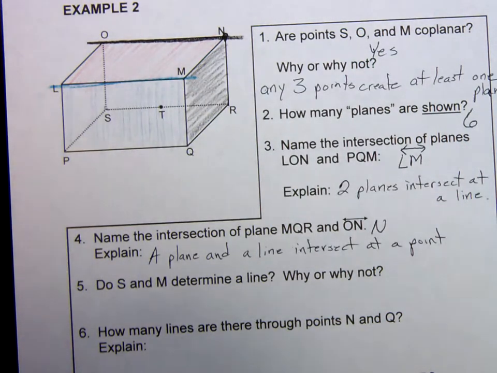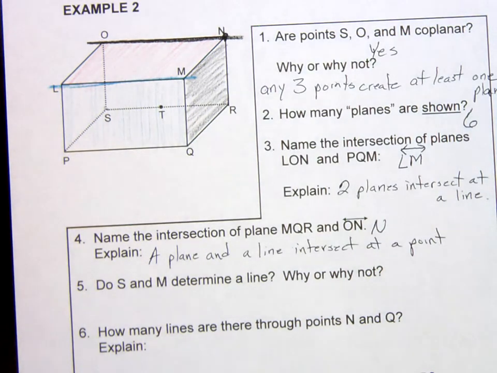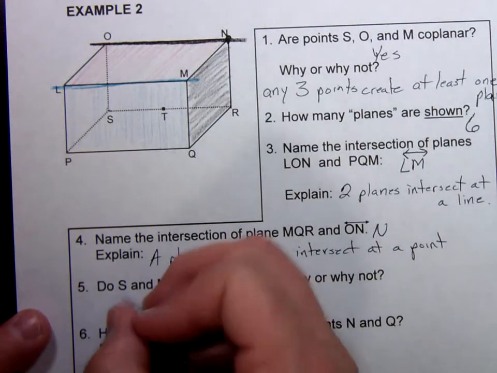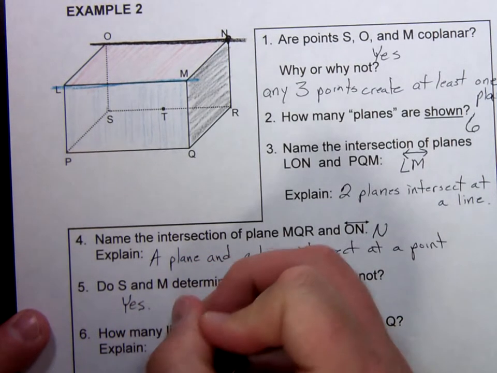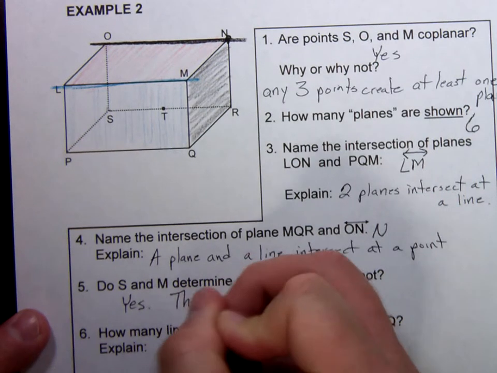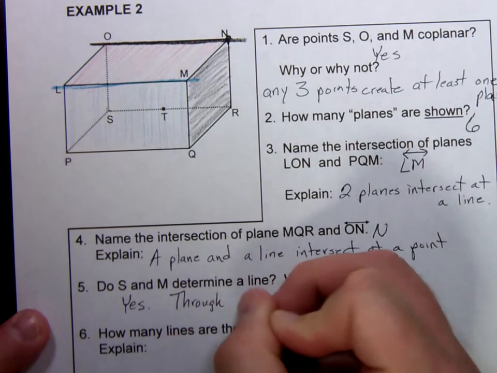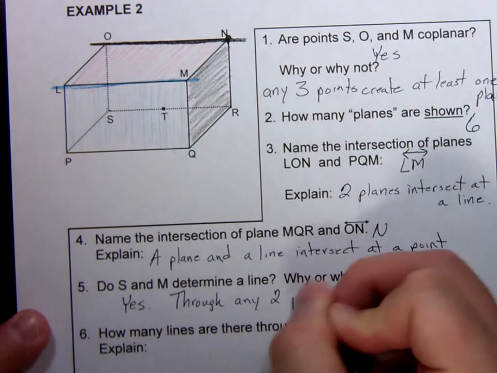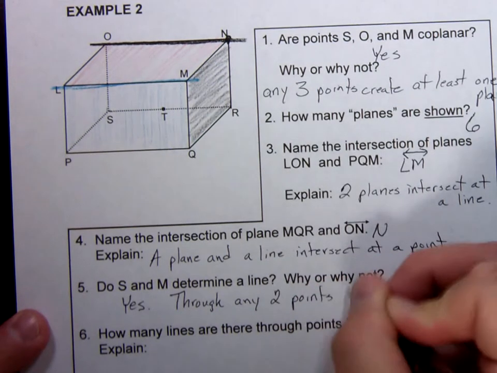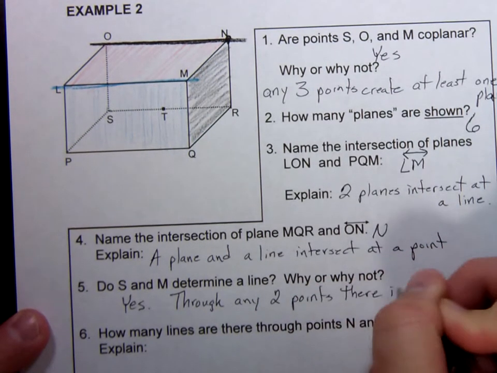We learned that there is always exactly one line that can go through 2 points. So, do S and M determine a line? Yes, they determine a line. Through any 2 points, there is exactly one line.